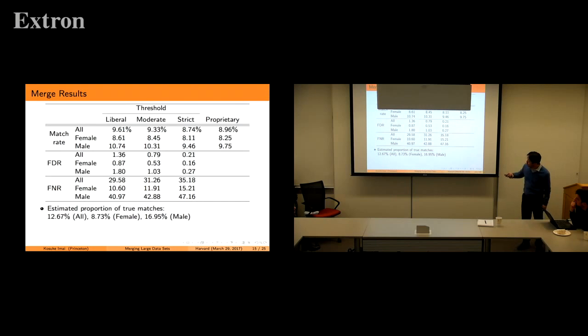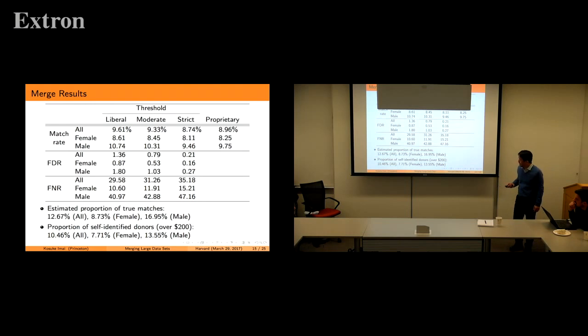You can also estimate the proportion of true matches from the model, and it's estimated to be 12%. We are matching 9%, or a little bit less depending on the threshold, and the model is estimating the true proportion is about 12%. That comes because we are thresholding at, say, 95%, so we're ignoring some people who are potentially matched.